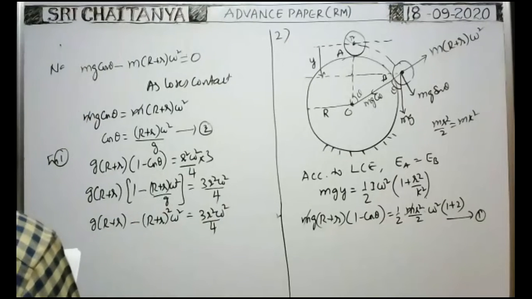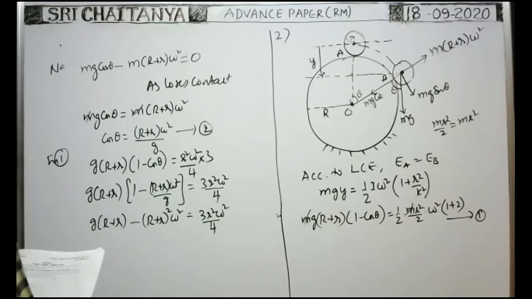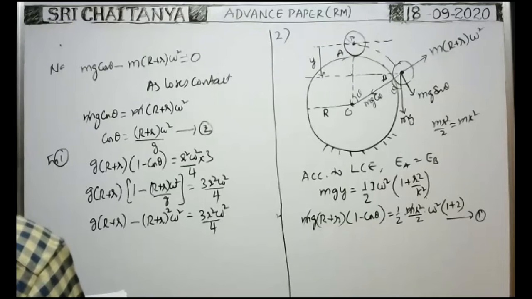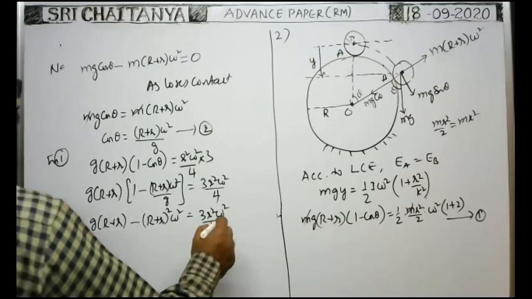Then when you multiply them, you will get the omega value. Here they asked the angular velocity only, so omega we had to find. This is equation 3.